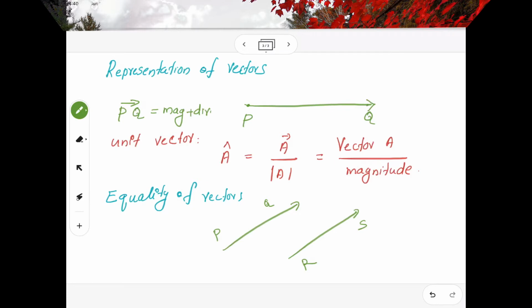Vector PQ is equal to vector RS if and only if both have the same magnitude and direction. Here you can see that the length of vector PQ is the same as the length of vector RS, and both have the same direction. So we can say that vector PQ is equal to vector RS.